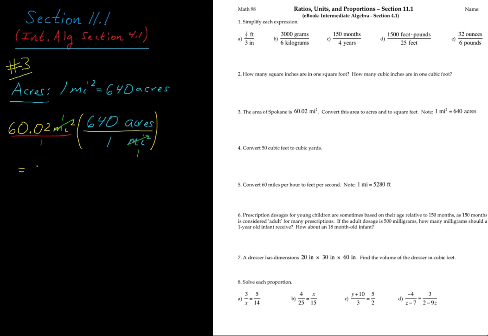And it turns out we're going to get 38,412.8. And again, the units here that would remain in this calculation are acres. Alright, great. So that is the area of Spokane there in units of acres.